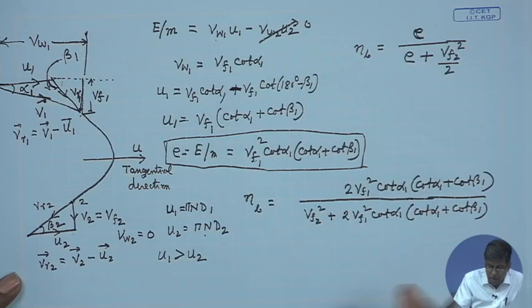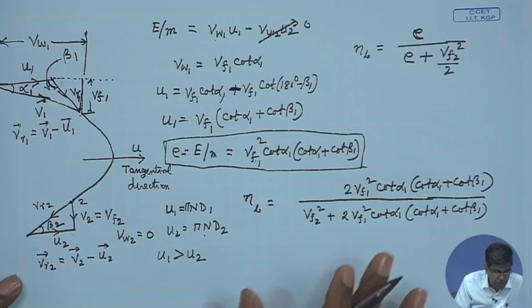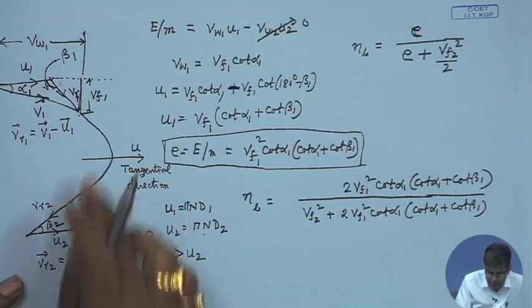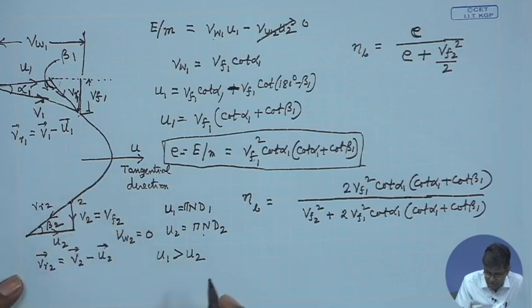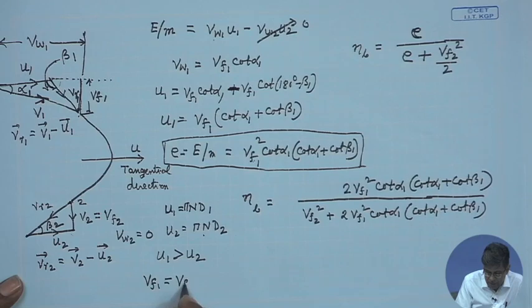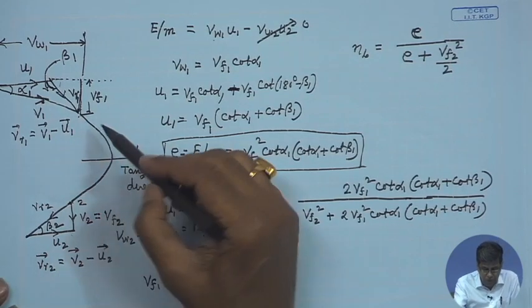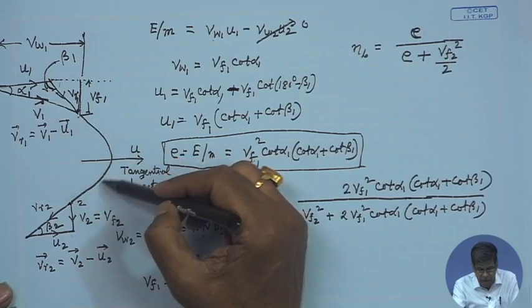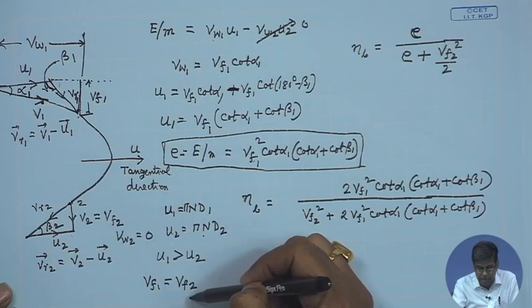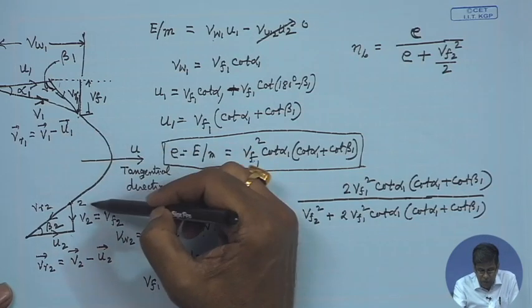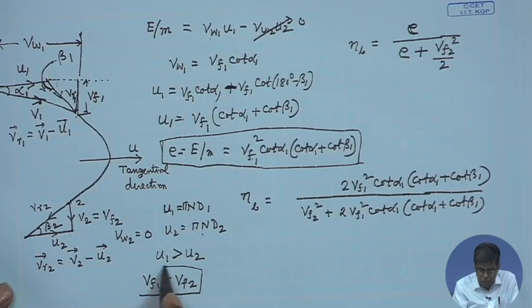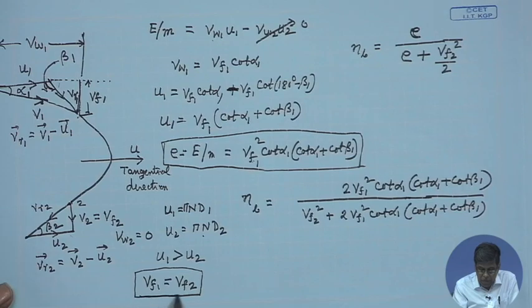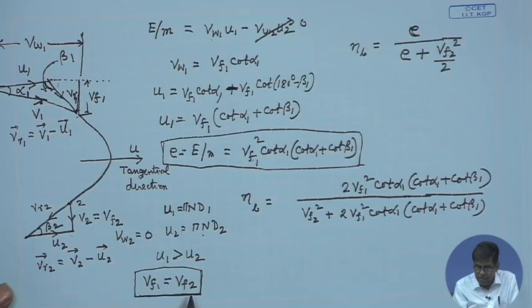Well, now another concept here we have to take, that in this type of reaction turbine, the Francis turbine, Vf1, that is the flow velocity at inlet, is equal to Vf2. So, the flow velocity at inlet and outlet is made the same and uniform. We assume this Vf1 and Vf2 so that the change of momentum in the radial direction is 0.